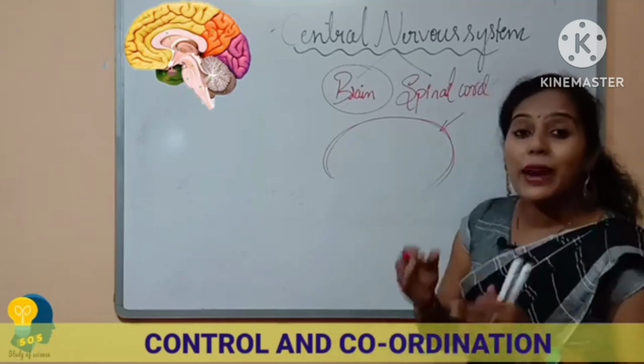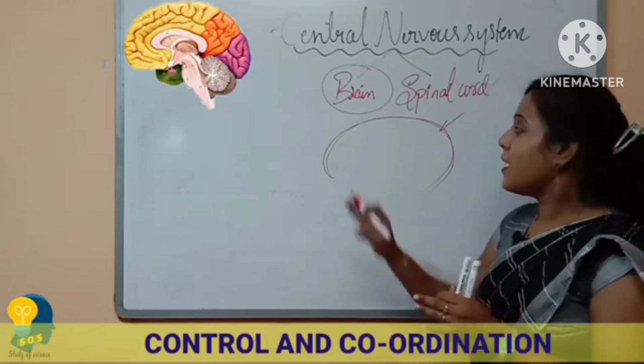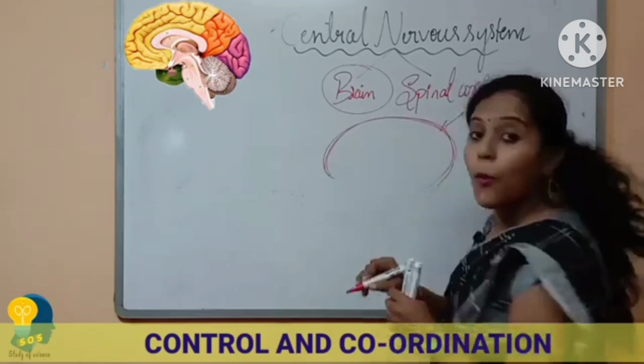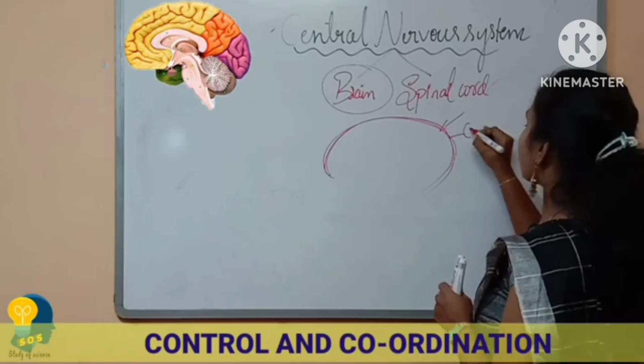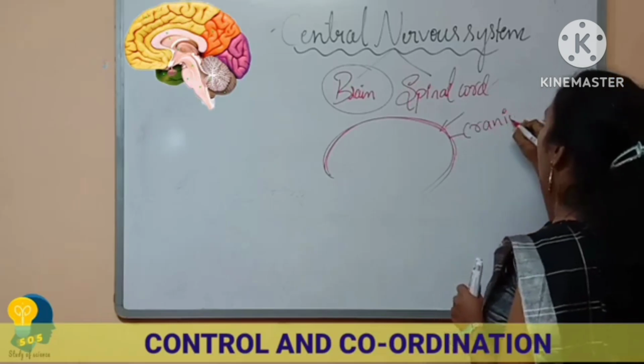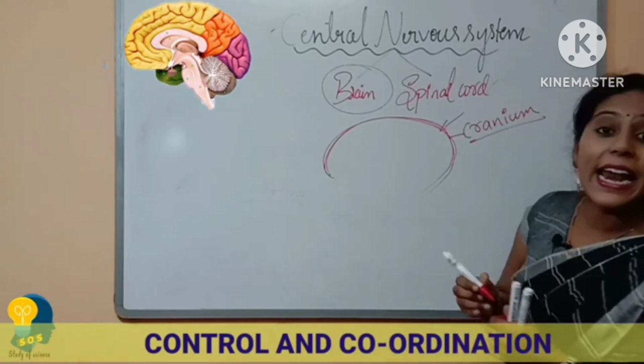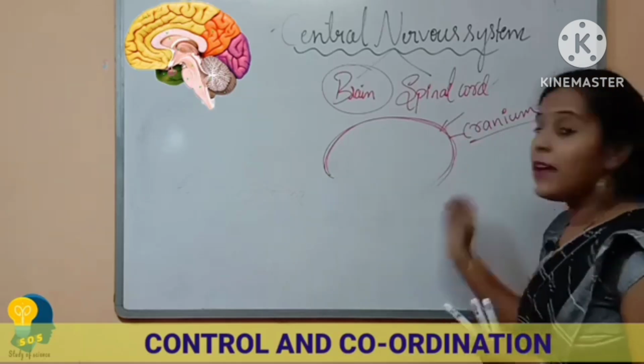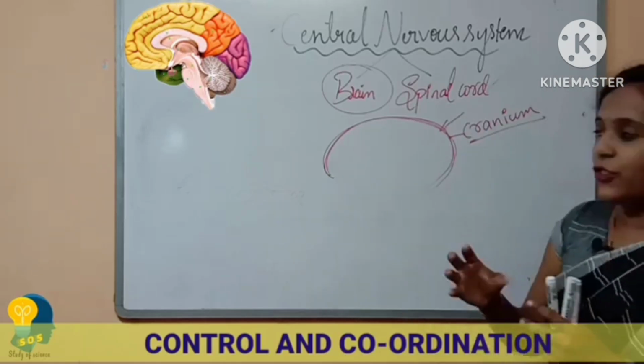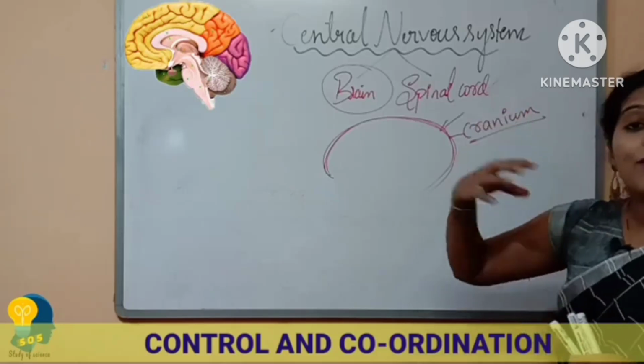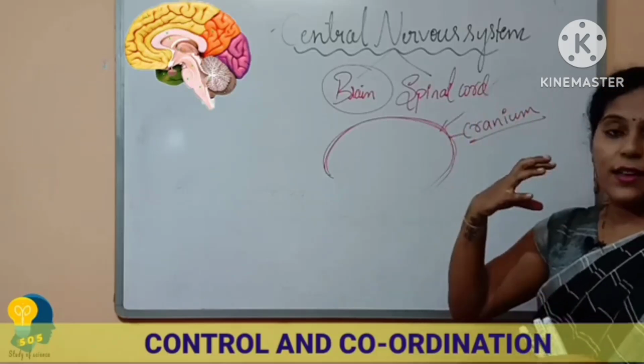This brain is protected by the bony cage, which is called the cranium. It is the bony box protecting our brain from external harm.